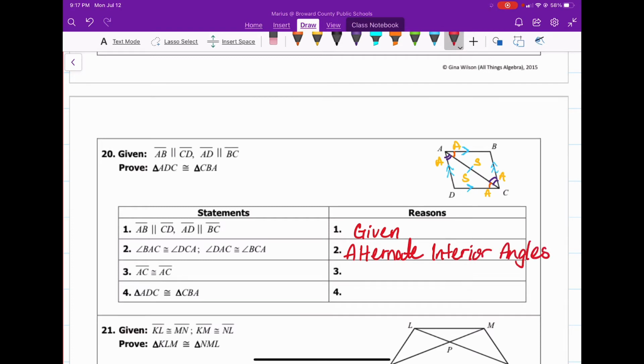Now, segment AC is congruent to segment AC. That is basically the reflexive property. And number 4, the last one, we're going to call angle side angle.